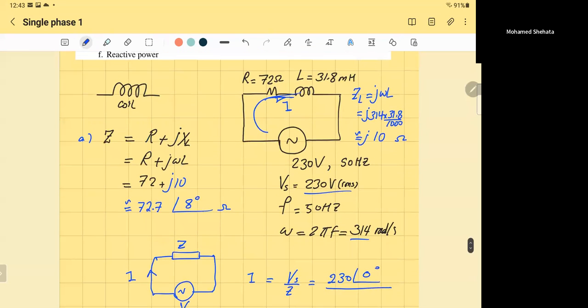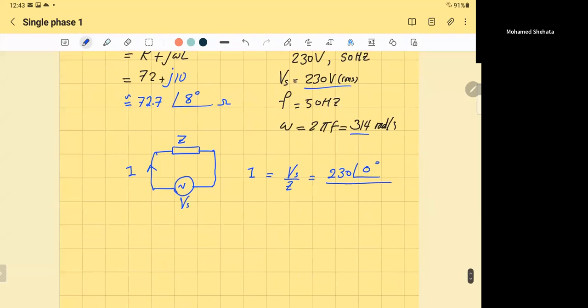They didn't say anything about the shift. Once they didn't say anything, I assume the angle equals 0. And Z, I got Z here, 72.7 and angle 8. So I'm using all the complex form here.